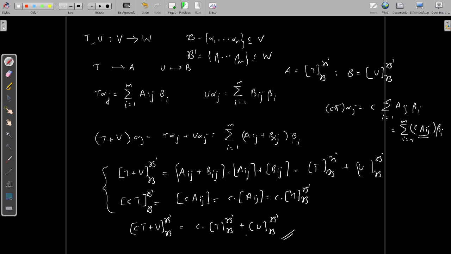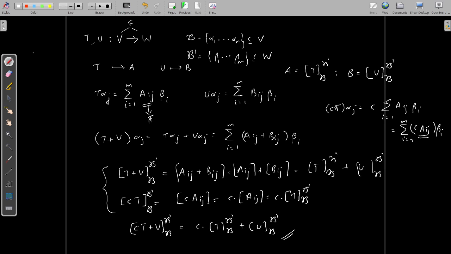This enables us to define an isomorphism between the linear transformations and the set of all m by n matrices over F. Of course, these a_ij are elements of the corresponding field. If V and W are defined over a common field F, then these coefficients, which are scalars, are the coordinates of T alpha j and U alpha j, and all come from the common field F.